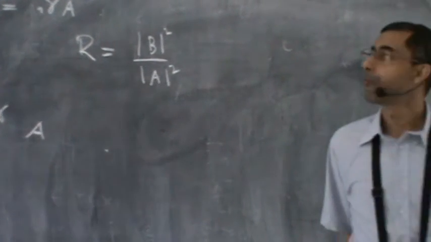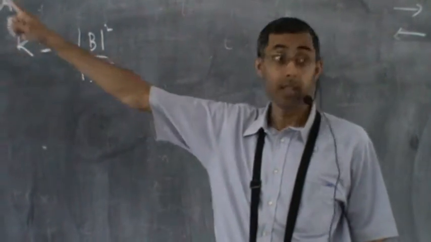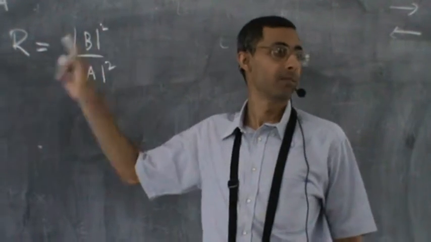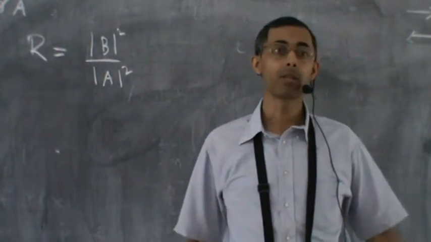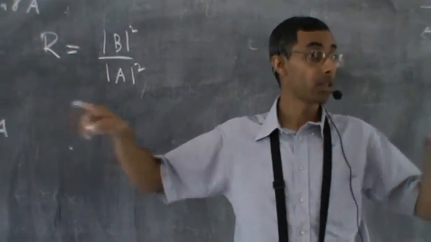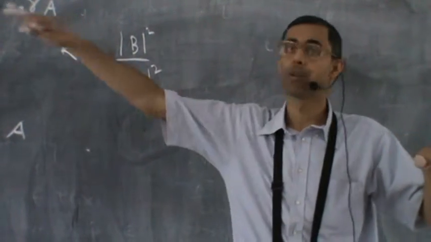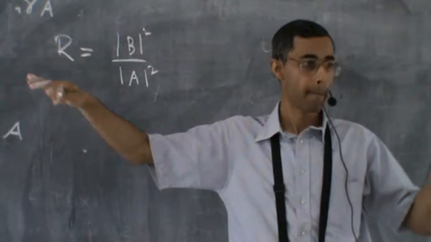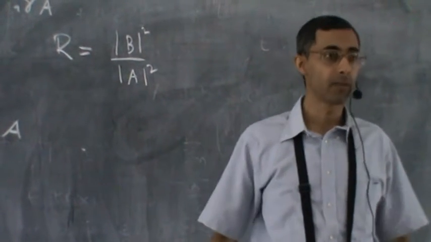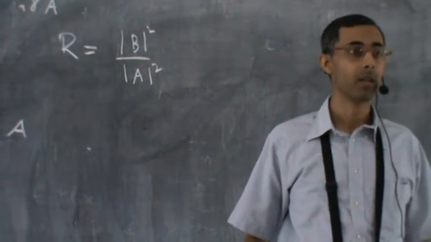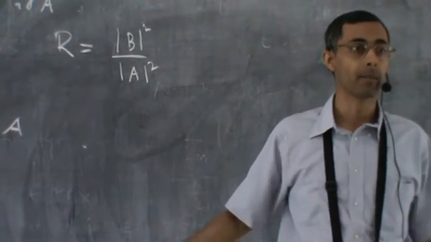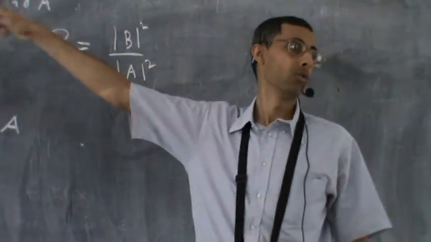See, it's important to define the reflection and transmission coefficients in this way, not simply as b squared by a squared. Because if the asymptotic value of the potential is not 0, suppose at left it is 0, but at right the potential reaches 1 or something, then how will you define the reflection and transmission coefficients? It is not simply b squared by a squared, and you have to work it out.